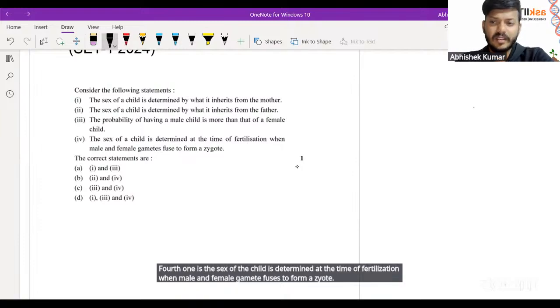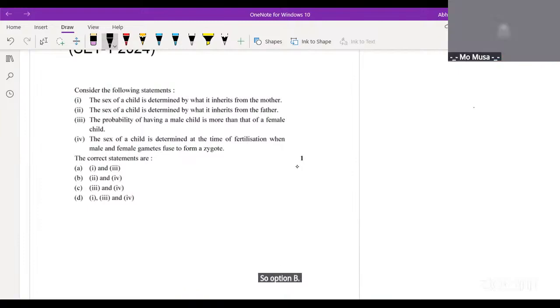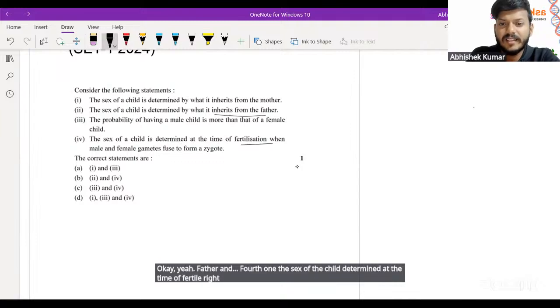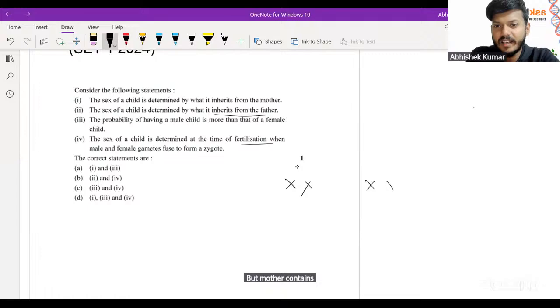Option B means 2 and 4, you are right? Yes, sir. Father, and fourth one, the sex of the child is determined at the time of fertilization. As we know, the father contains two types of chromosomes, X and Y, but the mother contains only X and X chromosomes.